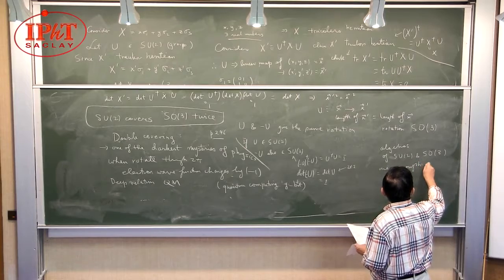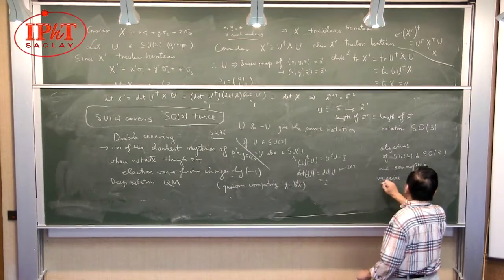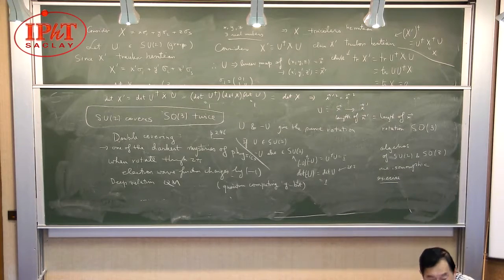Again, this is an exercise for the students. The way you can work this out is to work out the commutation relations between the generators of rotation. For those of you taking quantum mechanics, you know the generators of rotations are called J1, J2, and J3. You work out their commutation relations and show that they are exactly the same as the commutation relations between sigma 1, sigma 2, and sigma 3, the three Pauli matrices.